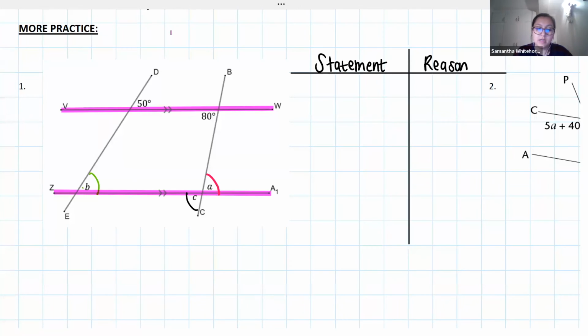Remember, anytime you use a parallel line reason, so corresponding, co-interior, or alternate, you need to state the parallel lines. I'm going to give you another minute or so.